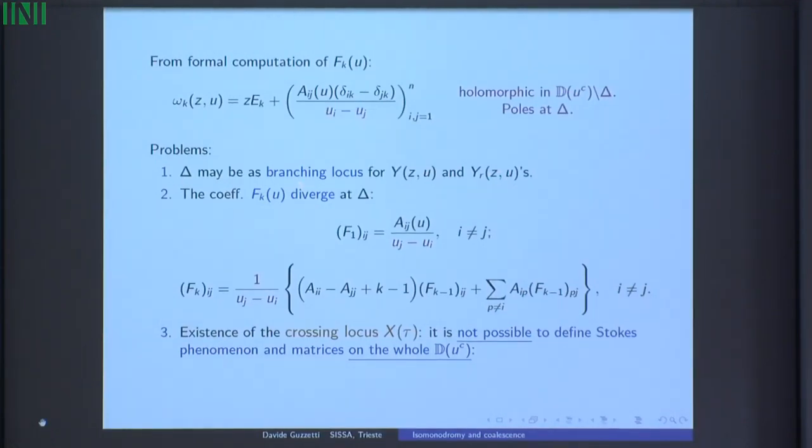The second thing is that if you compute explicitly the coefficients of the formal expansion, they have poles at the coalescence points. And, as I have already said, it's not possible to define properly a Stokes phenomenon in the whole polydisk because of crossing of Stokes rays.